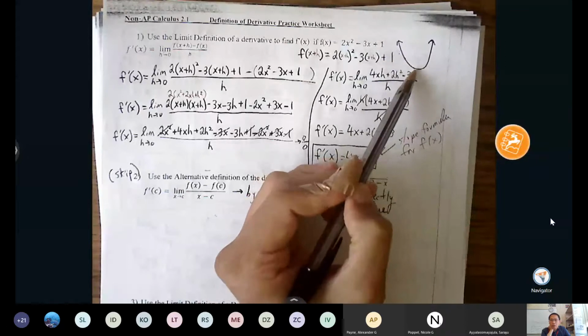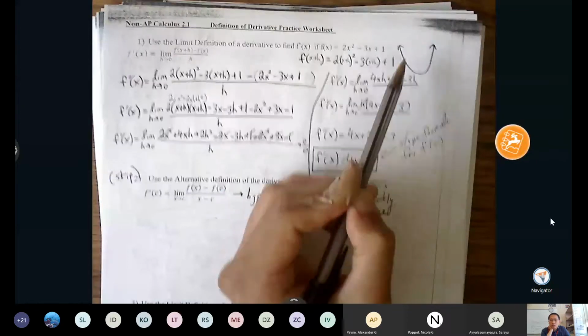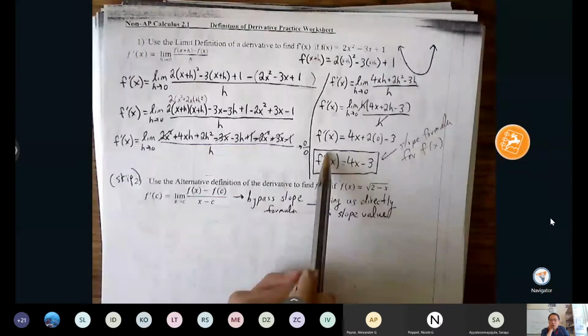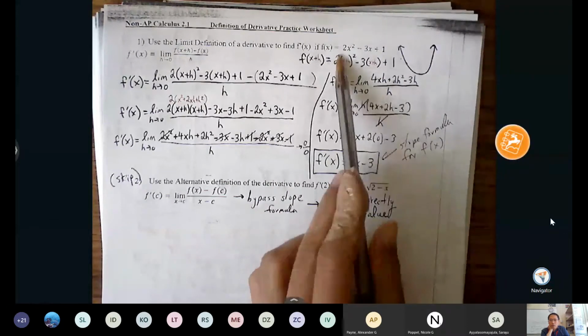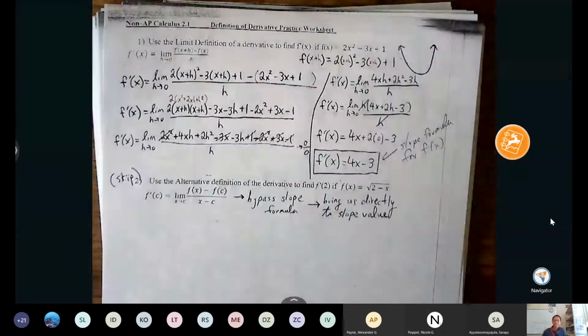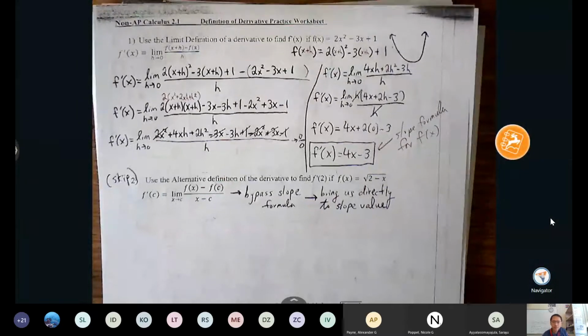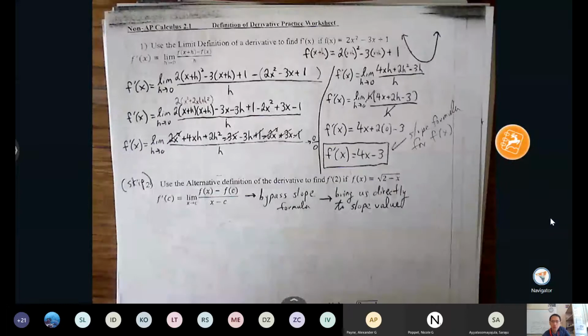And I can do that with any points on this curve by putting it into the derivative formula. So this is my slope formula for my original function f of x. So that's what the limit definition does for us.